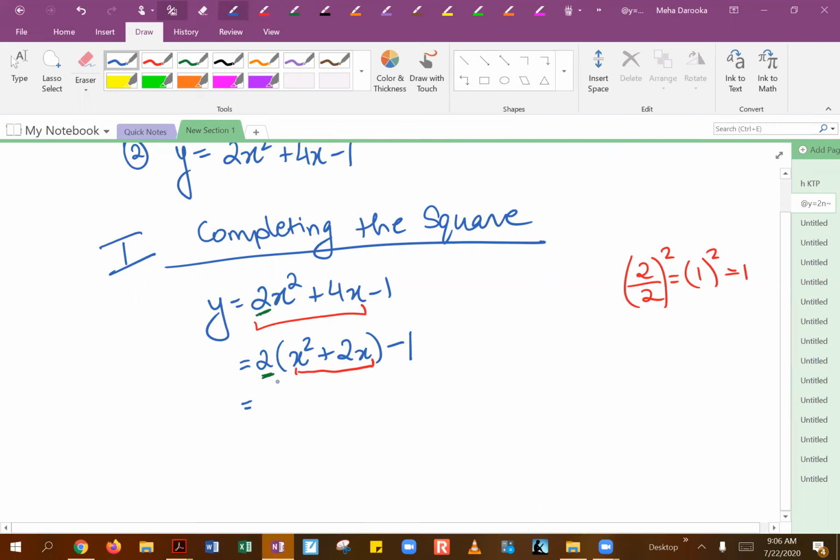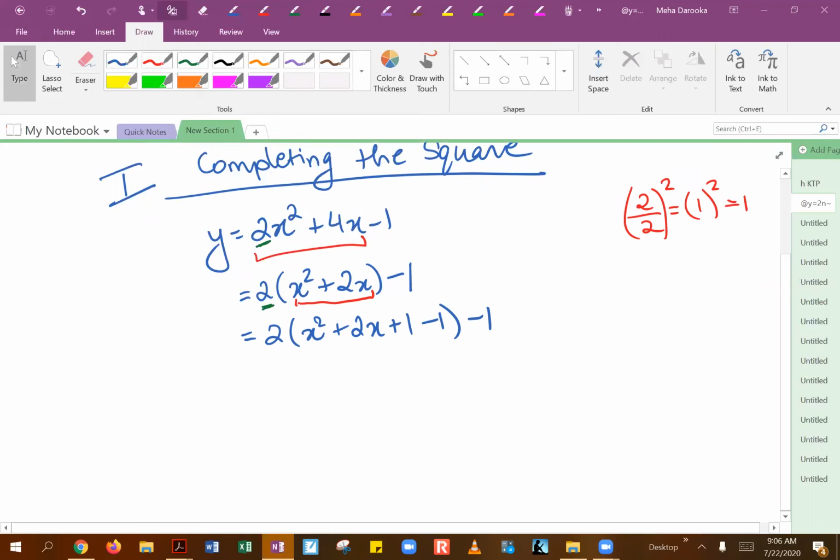So what happens is once you figure out this 1, inside the parentheses, remember we add that 1 and subtract it at the same time, so that we are basically maintaining the balance of our equation. We're not really changing the equation, we're just taking it from the standard form into the transformation form.